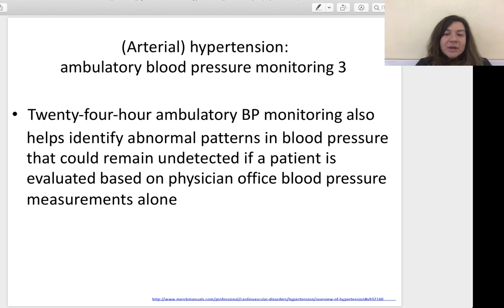It also helps identify abnormal patterns in blood pressure that could remain undetected if the patient is evaluated based on physician office blood pressure measurements alone.